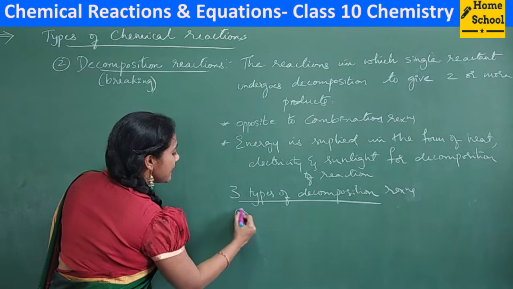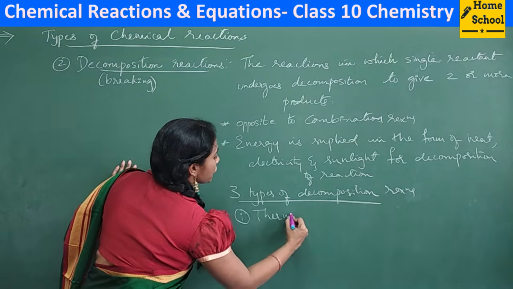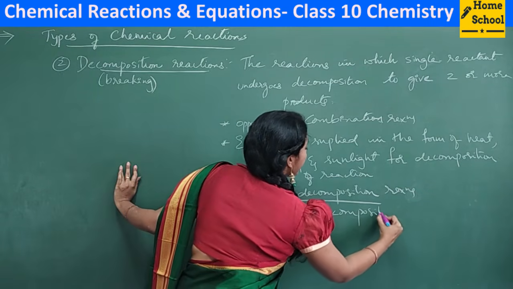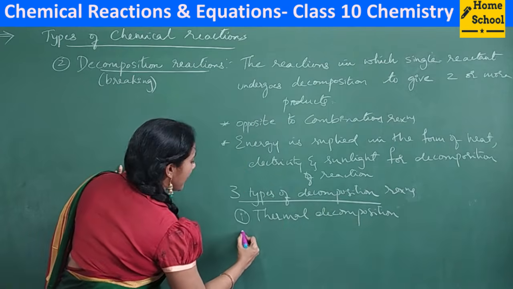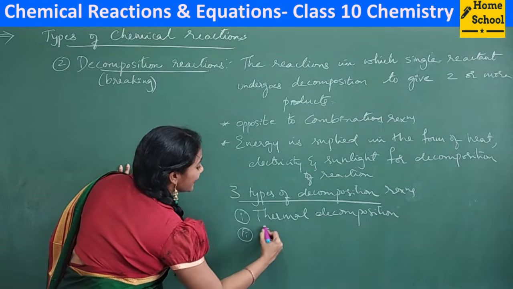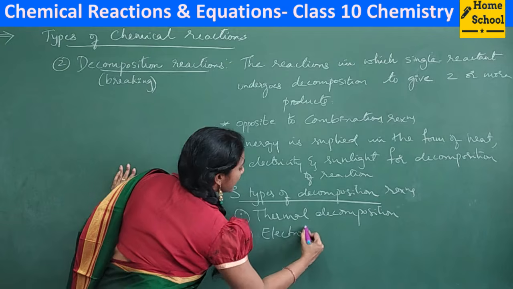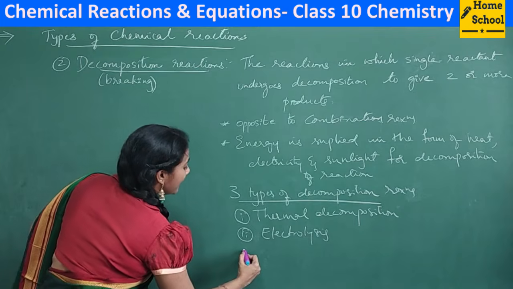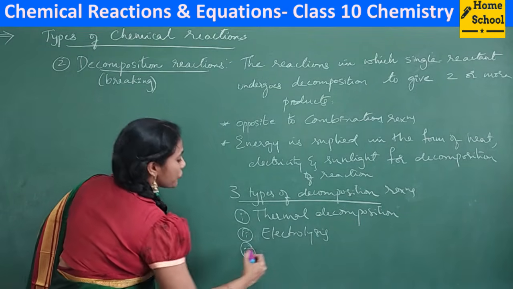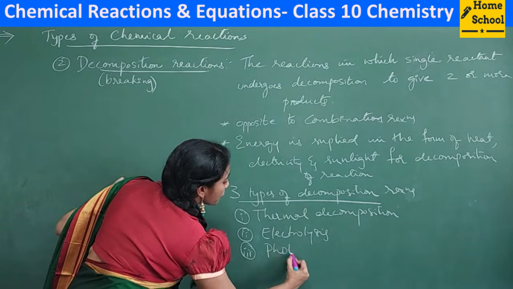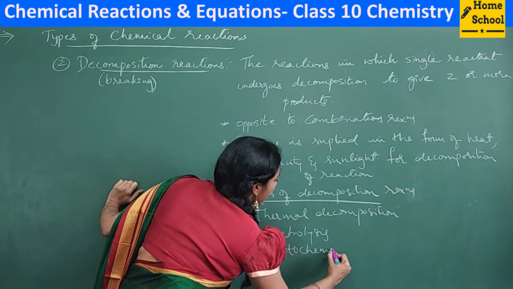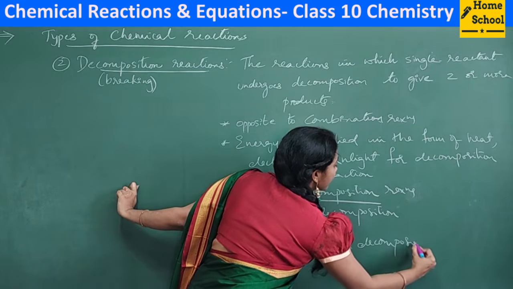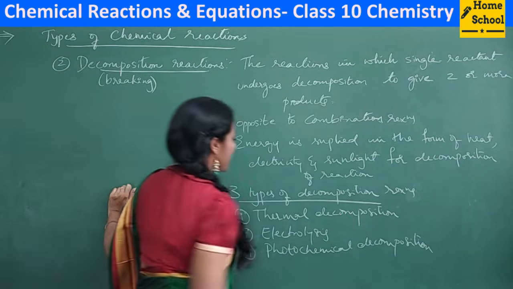Note down, the first type is thermal decomposition. The second type of decomposition reaction is electrolysis. Here I am going to show you the live experiment for electrolysis. And the third important type of decomposition is photochemical decomposition. Clear? So these are the three types of decomposition reaction.